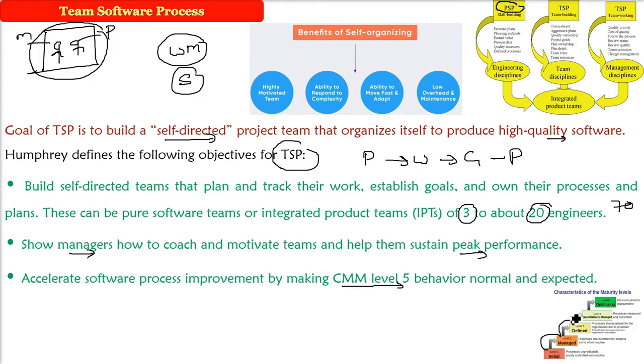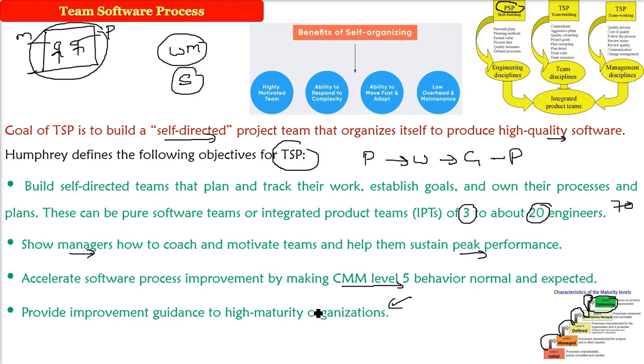There are different levels: initial, managed, defined, quantitatively managed, and optimizing. The optimizing level is what we are talking about, because we want a high maturity organization at level 5. So these are the objectives of TSP, the team software process, because all is done to improve the product. He also suggested that this can be given at the university level, so it will facilitate university teaching of industrial grade team skills.